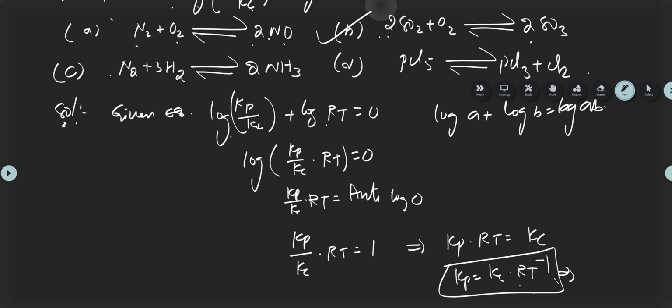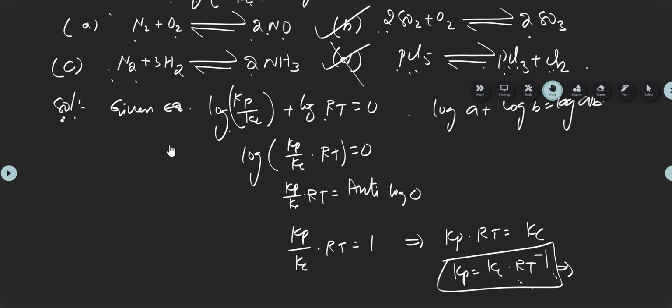So option 2 is correct. Next, third option, 2 minus 4 means minus 2. So Rt power minus 2 would be needed, so it is also not correct. For the fourth option, 2 minus 1 is 1, so it is plus 1 and not correct. Only the second option is minus 1.